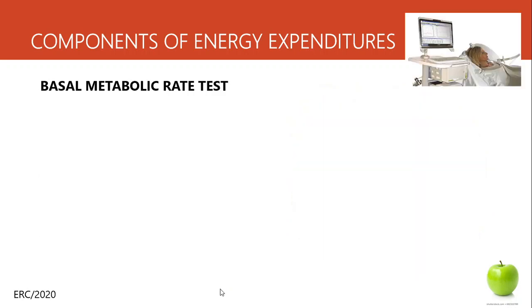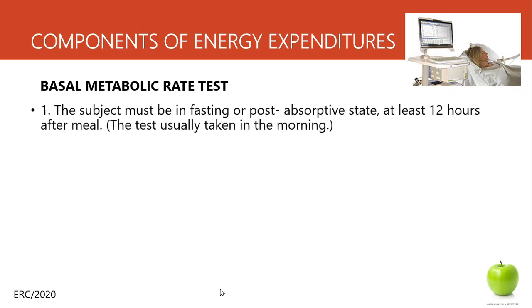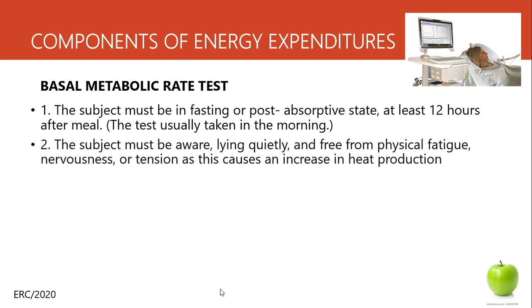Okay, basal metabolic rate test. To ensure accuracy, this is how the BMR test is conducted. Number one, the subject must be in the fasting or post-absorptive state, at least 12 hours after a meal, usually taken in the morning. Number two, the subject must be awake, lying quietly and free from any physical fatigue, nervousness, or tension, as this causes an increase in heat production.